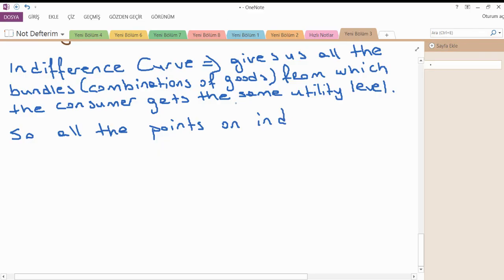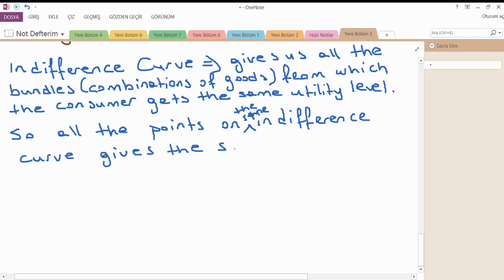Let's write on the same. This is not some, same, okay? On the same indifference curve gives the same utility level, same utility to the consumer.